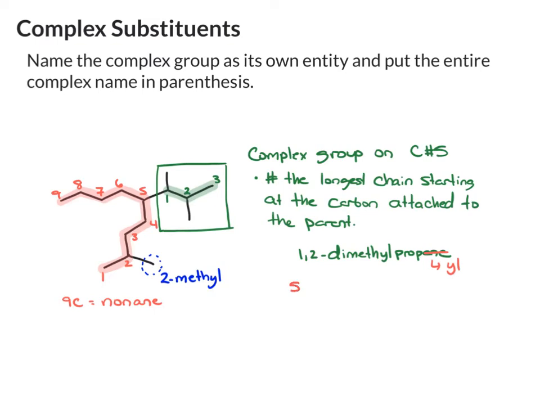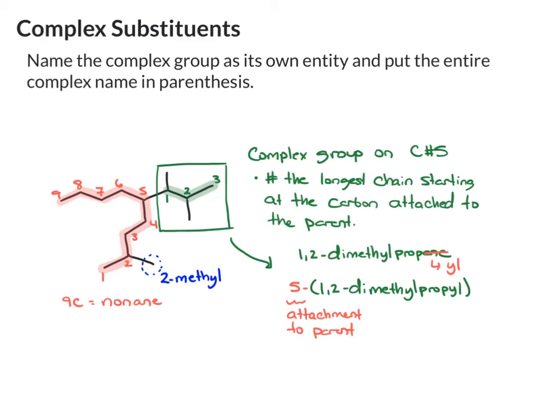So we write the 5. Then in parentheses, I put the 1,2-dimethylpropyl. So that represents the complex substituent. The 5 is your attachment point to the parent.